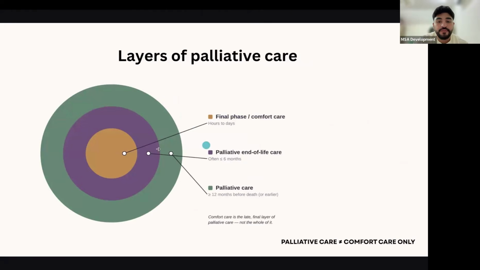And the layers of palliative care. So we have three. The first layer is your palliative care within the first 12 months before death. And then the palliative end of life care, which becomes 6 months or less. And then the final days, which could be hours to days. This is the comfort care.